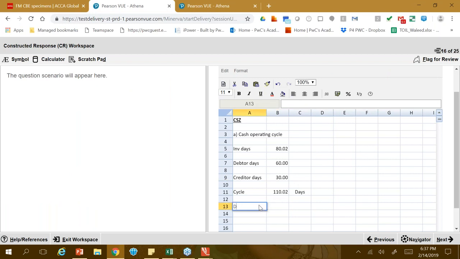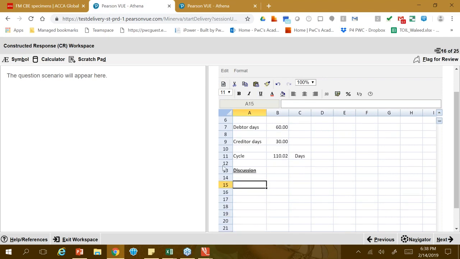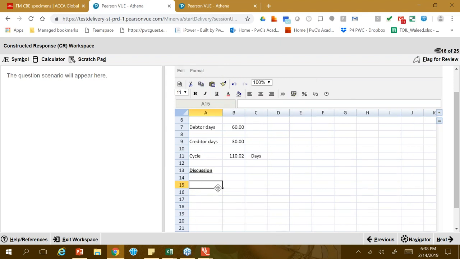Now the discussion. They asked us to say if this cash operating cycle should be positive or negative. Well, I'll just say the same thing here, which I wrote with you while I was doing this discussion earlier, that a positive or negative cash operating cycle depends on a range of factors.